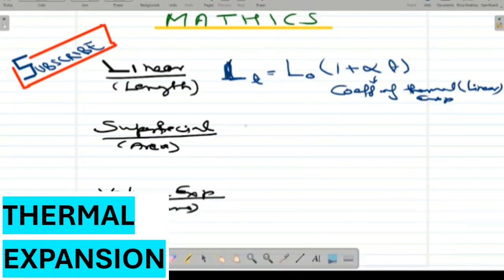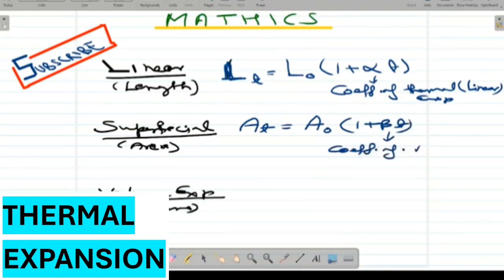Similarly, the area at a particular temperature T can be written as area at 0 degree temperature times (1 plus beta T), right? Where beta is the coefficient of areal expansion, right? Similarly, for volume expansion, we'll take volume.